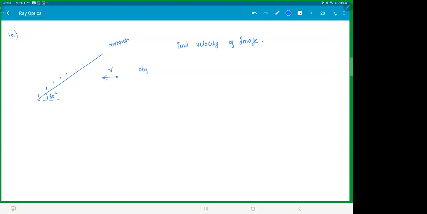The object moves horizontally towards the mirror. Find the velocity of the image. Now this is 60 degrees, not 45. So you can't say it is down. Get it? Try. You got 2 minutes. This is basically a vectors question.